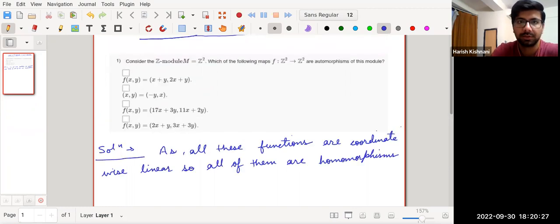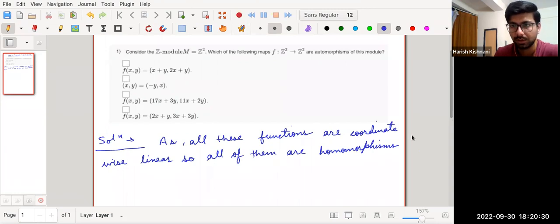Right. Now we need to check which of them are automorphisms.